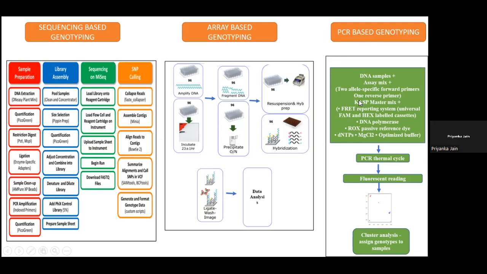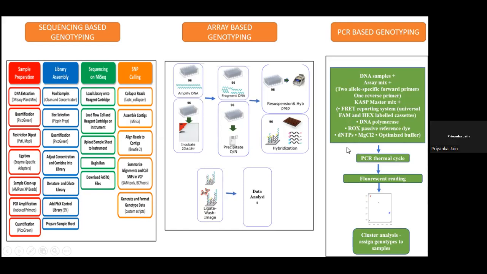We have to send our sequence to LGC, which is the provider of this KASP assay. It adds the FAM and HEX labels, and then the DNA polymerase is added, and ROX passive reference dye is also added. The MgCl2 buffer with dNTPs, which are used in a normal PCR reaction, are added.